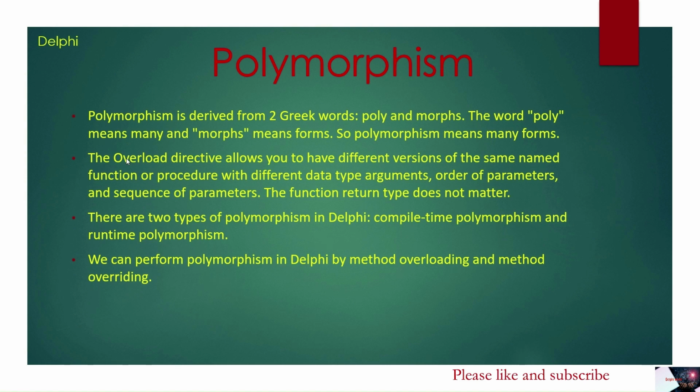Signature means the number of parameters, order of parameters, and sequence of parameters matter; the return type of the function doesn't matter. There are two types of polymorphism in Delphi: compile-time polymorphism and runtime polymorphism. We can perform polymorphism in Delphi by method overloading and method overriding.